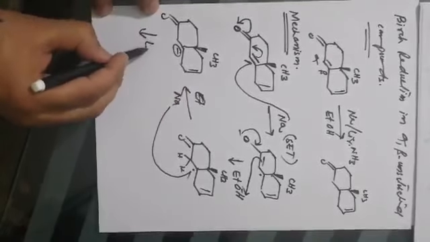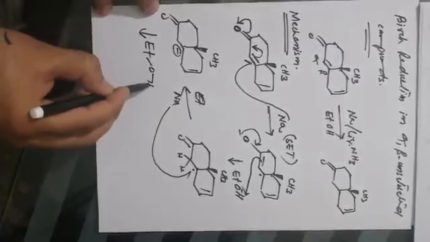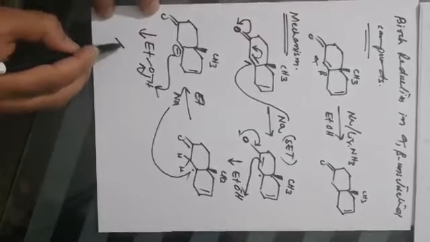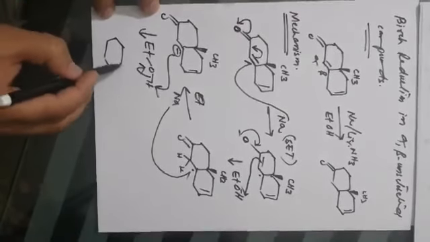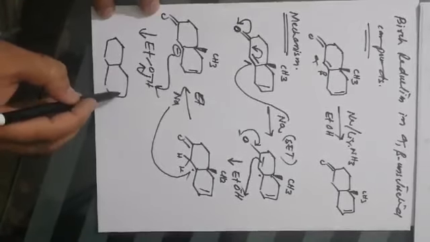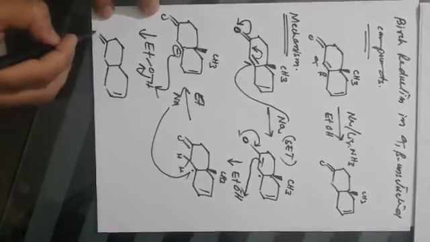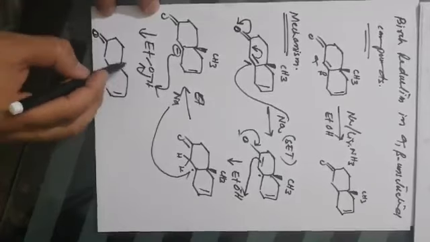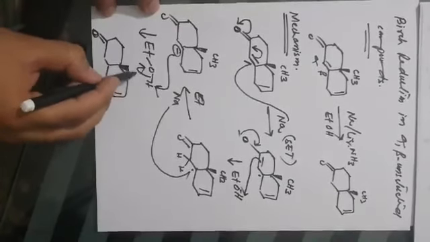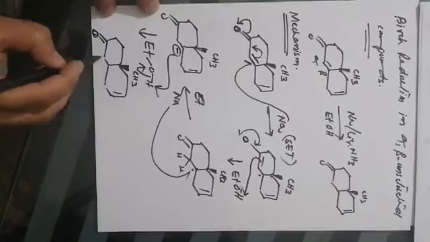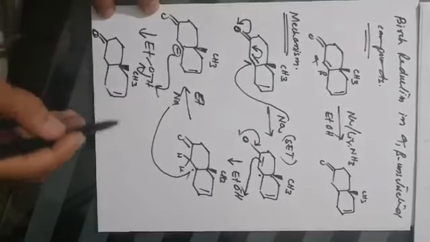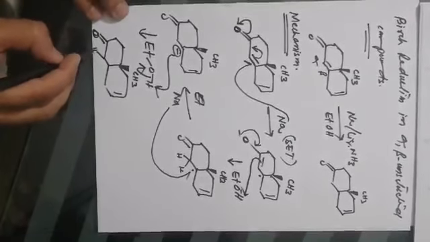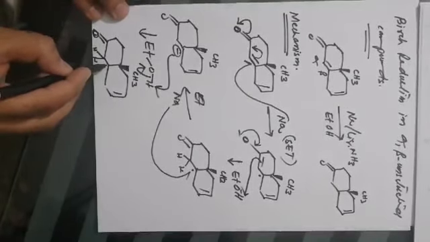Then it will abstract hydrogen from here, and finally you will get this ketone. Finally you will get one hydrogen here and one hydrogen here.